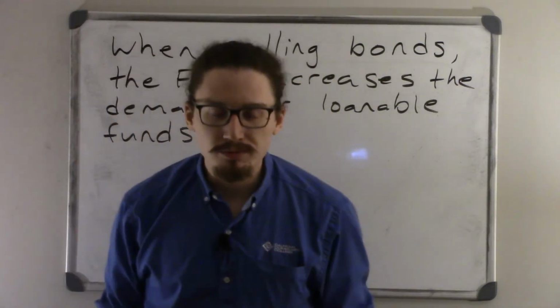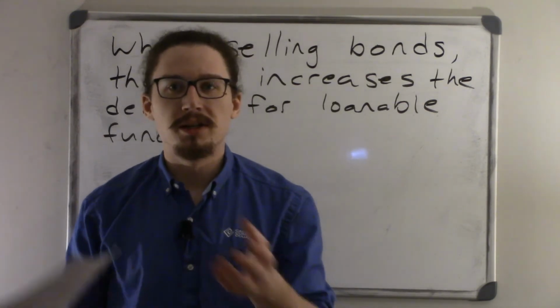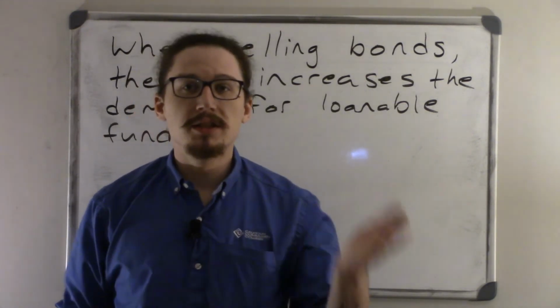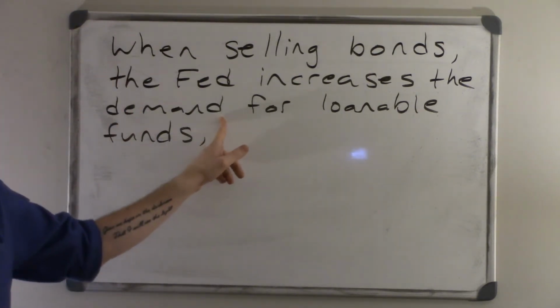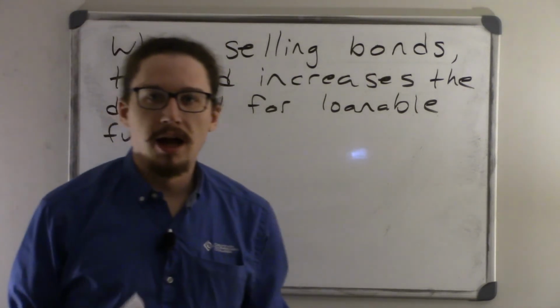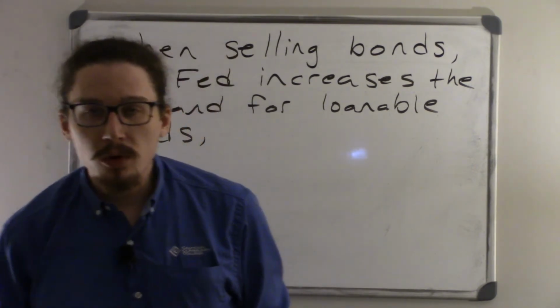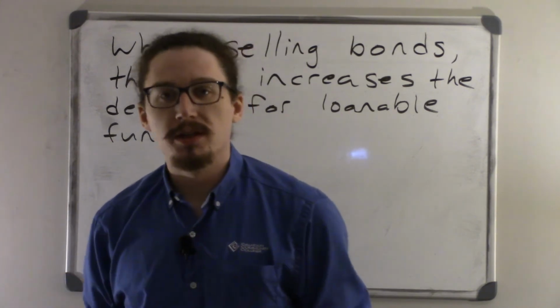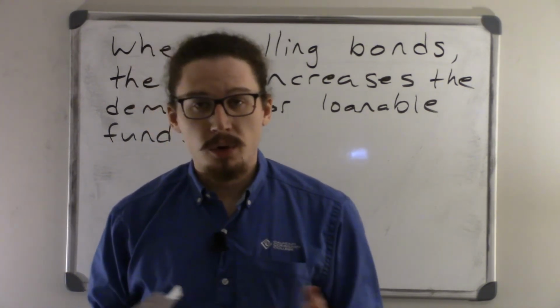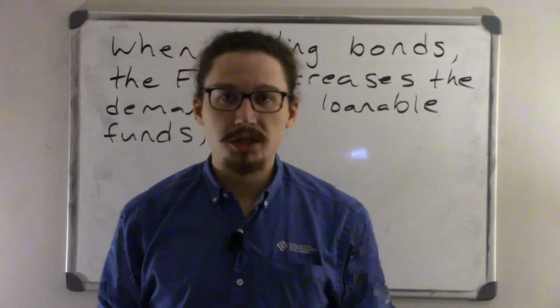So there's a new entrant in the market for loanable funds. This is going to increase demand, so it increases the demand for the loanable funds. And if we think all the way back to chapter 4, what happens when the demand increases for a good?